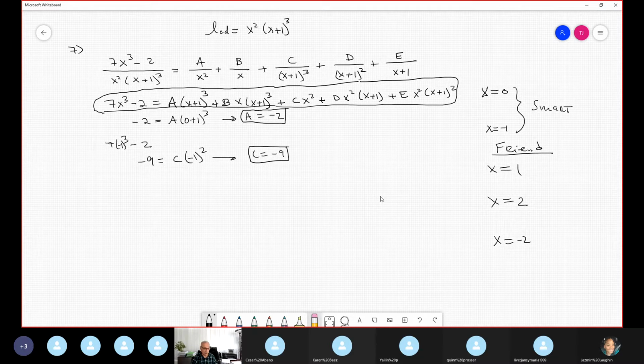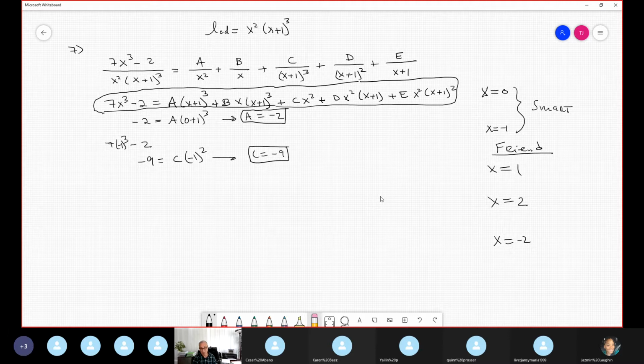The only unknowns in my problem are B, D, and E. Now, in order to simplify the problem, because this is just arithmetic, I did it on my piece of paper.